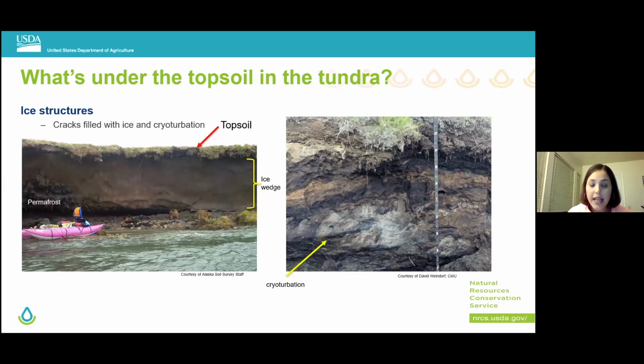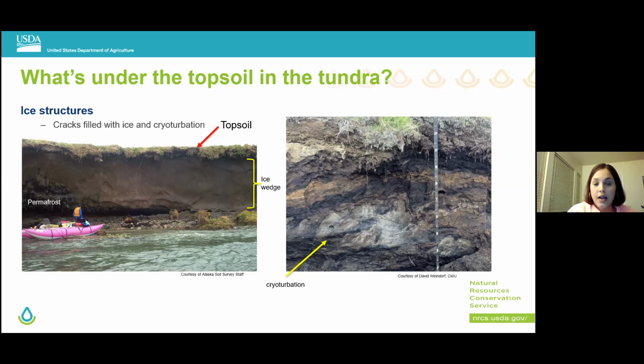So in those very cold places where we have the ice, we're gonna have some structures. So there is something we call ice wedge, and an ice wedge is a crack that's been filled with ice, and cryoturbation. Cryoturbation is the photo on the right, and that is the mixing of soil materials from various horizons due to the freezing and thawing cycles.